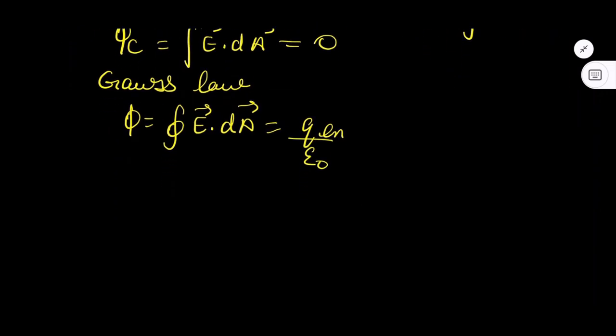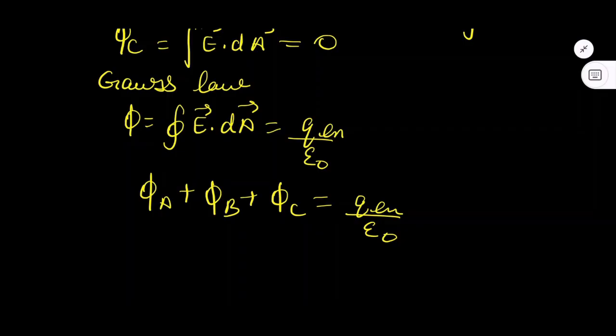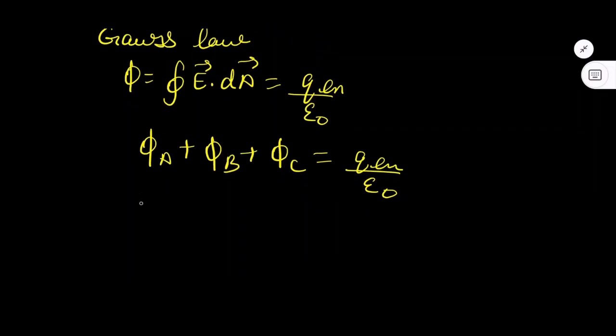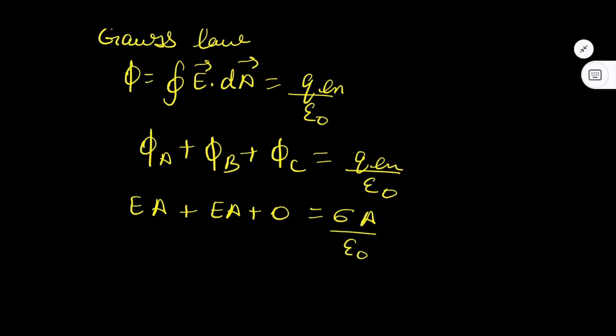So we are proving that for all three surfaces, flux A, flux B, and flux C is equal to charge enclosed upon epsilon naught, and for both A and B we have got EA plus EA plus 0, which is equal to sigma into A, as we know that sigma is the surface charge density, charge upon area.